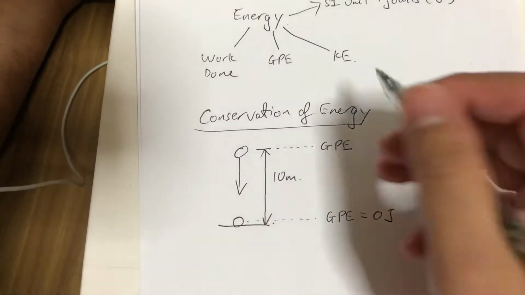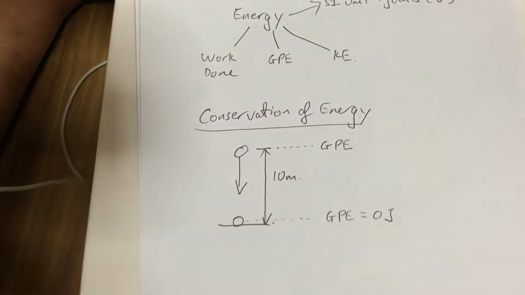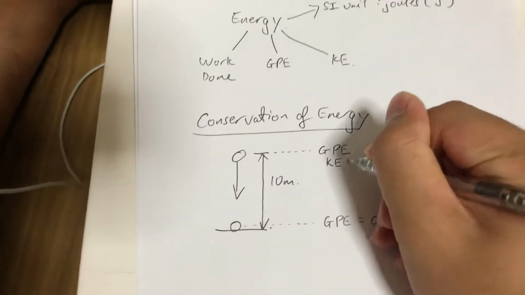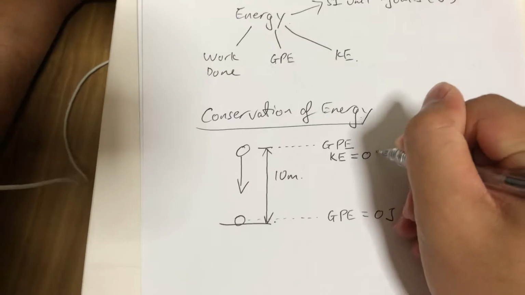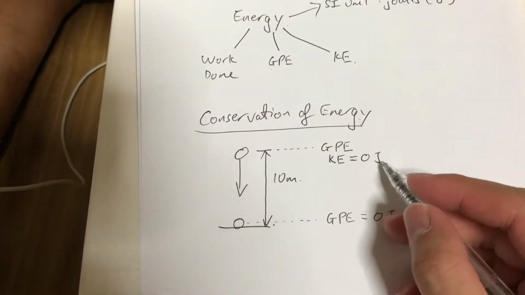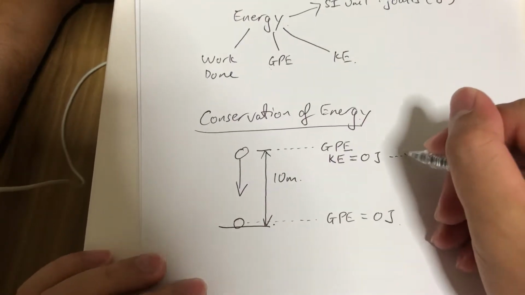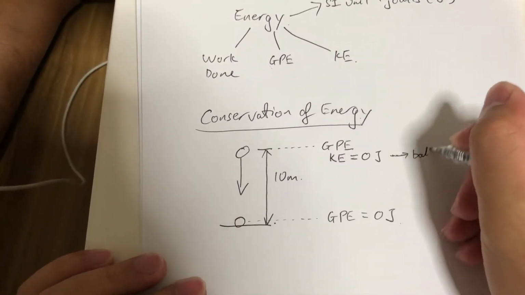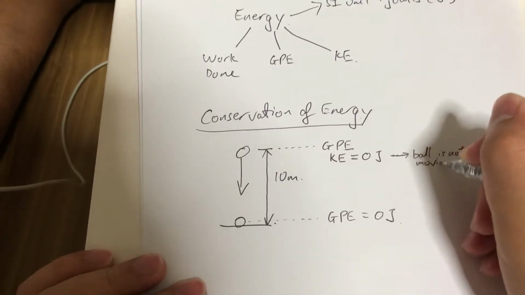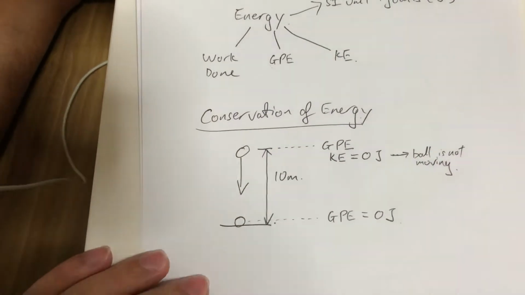Very good. The ball will have gravitational potential energy. In fact, we also know that the kinetic energy is 0. Why is it 0? Because the ball is not moving. When something is not moving, there is no kinetic energy.